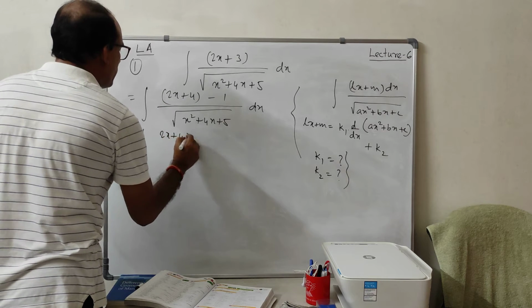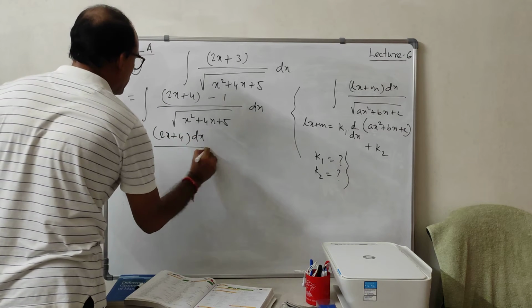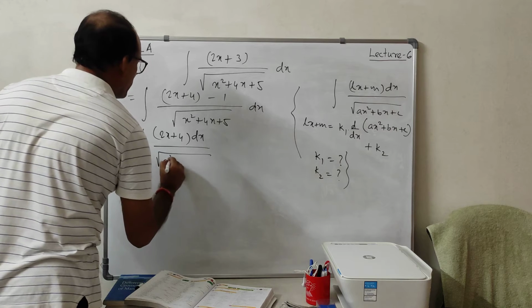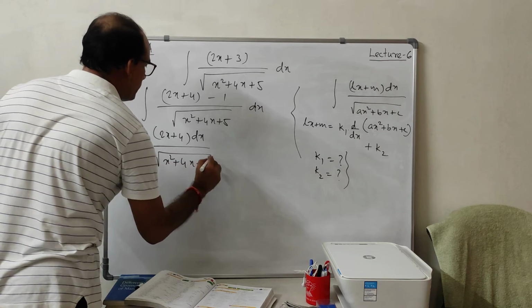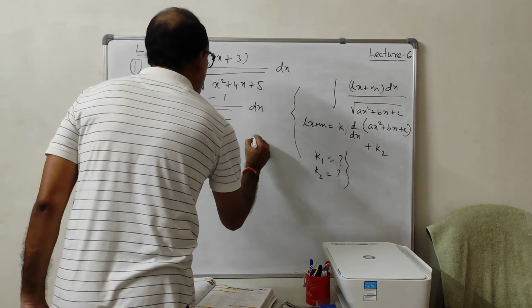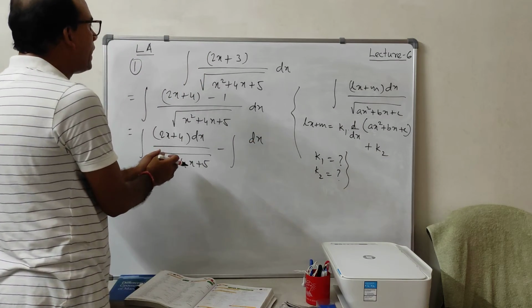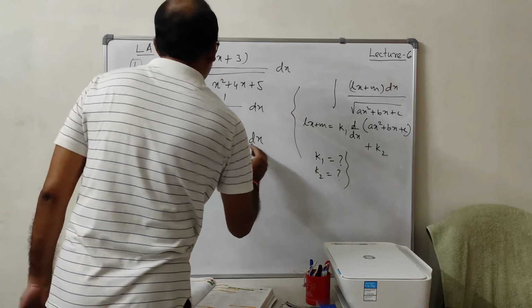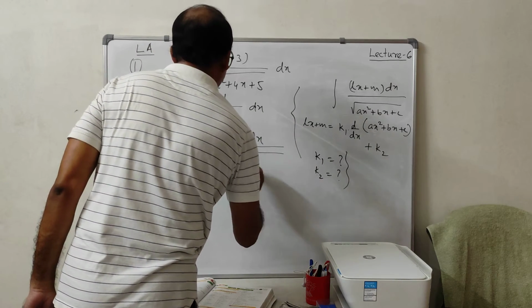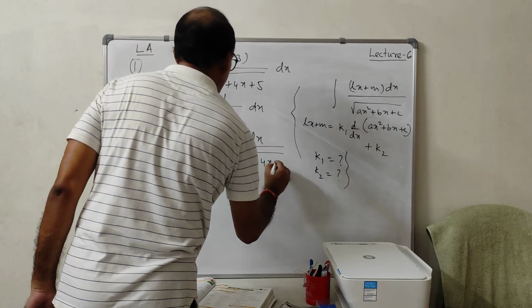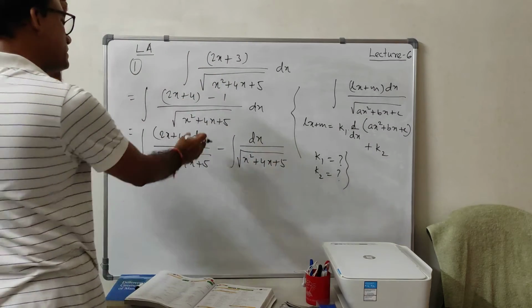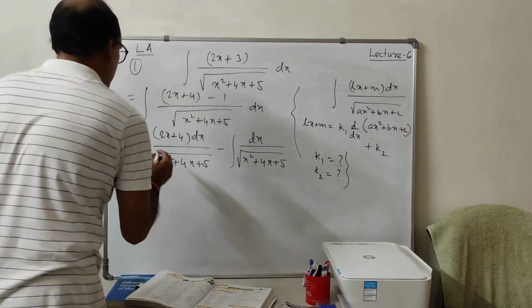The integral of (2x plus 4) dx over the square root of (x square plus 4x plus 5) minus the integral of 1 dx over the square root of (x square plus 4x plus 5). In this line, I am splitting the integral into two. So this is your first part, this is your second part.